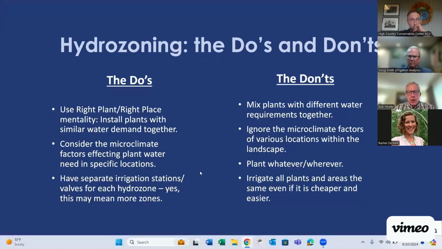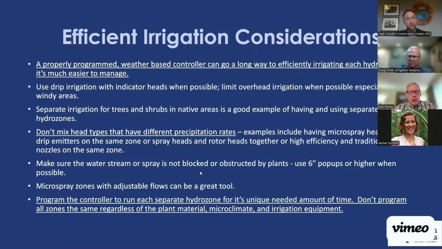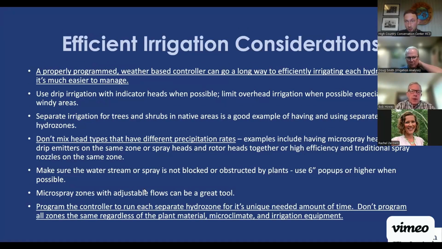All right. So, efficient irrigation considerations, a few of these are underlined. Properly programmed weather-based controllers can go a long way to efficiently irrigate each hydrozone and to make it much easier to manage. Especially if you are starting a new project, hopefully y'all have worked with some of those now.